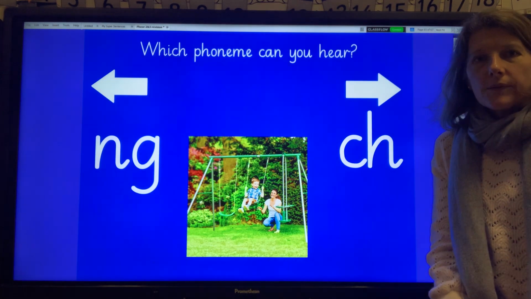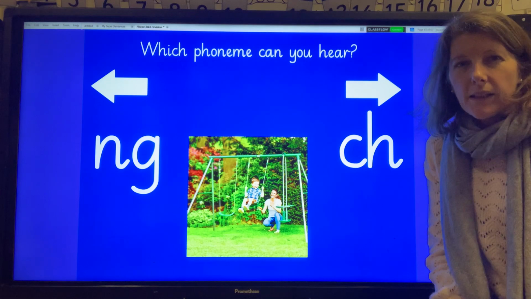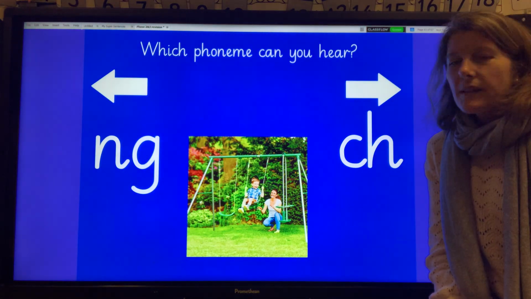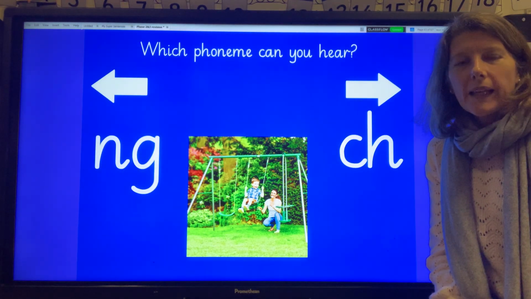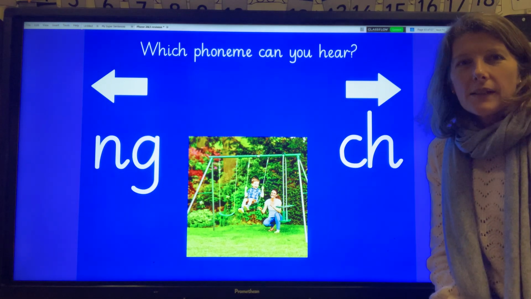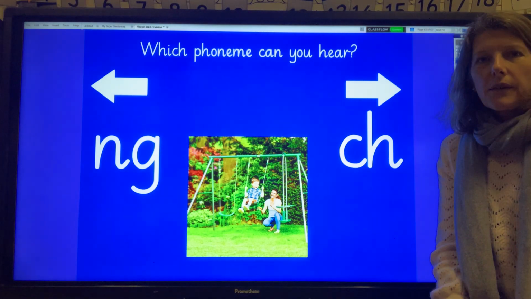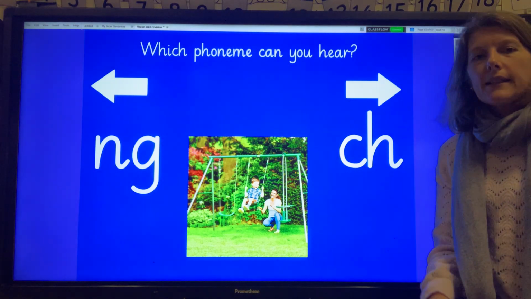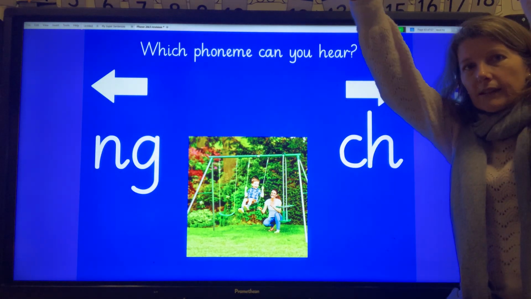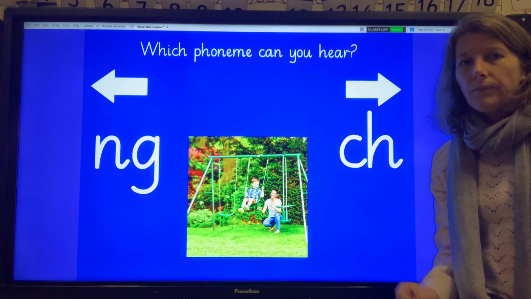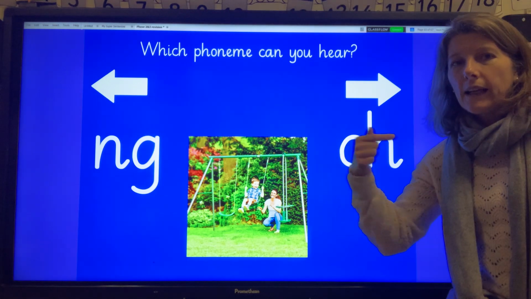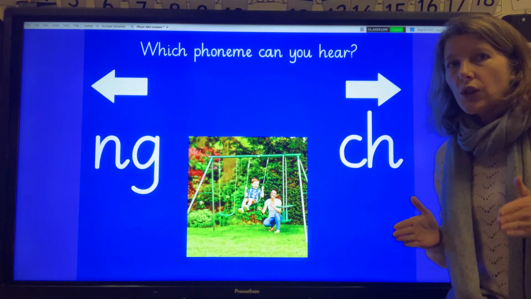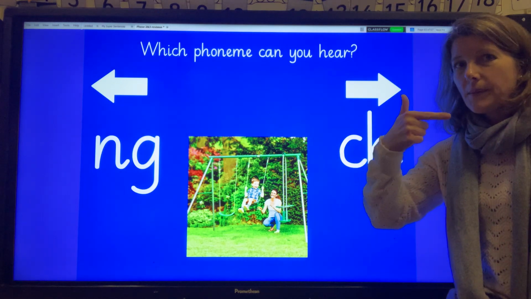What about this one? Can you see the picture clearly? I hope so. It is a swing. One of my favourite things to do is to go on the swing. So this is an end sound again. If you think swing ends with ng, you need to go that way. If you think swing ends with ch, you need to go this way.